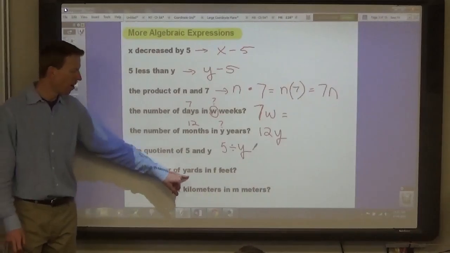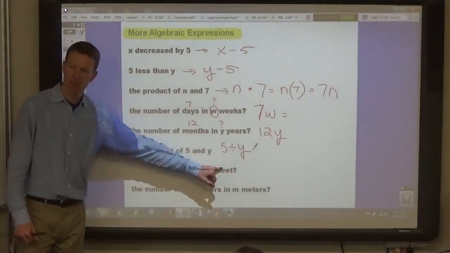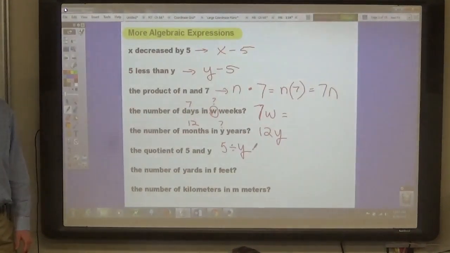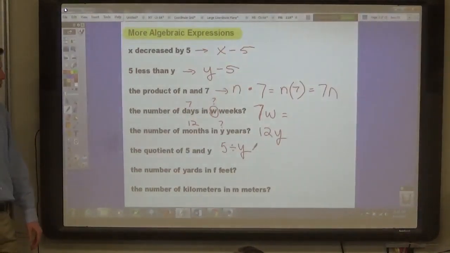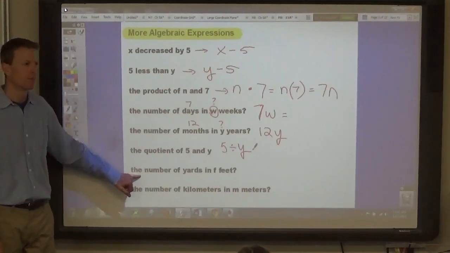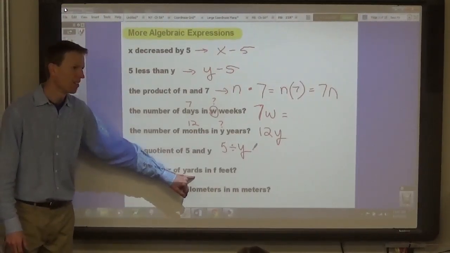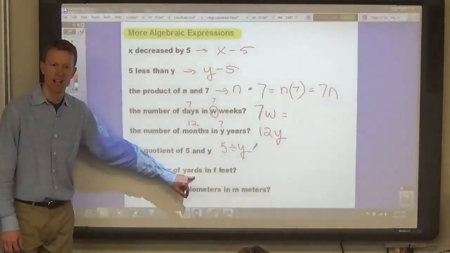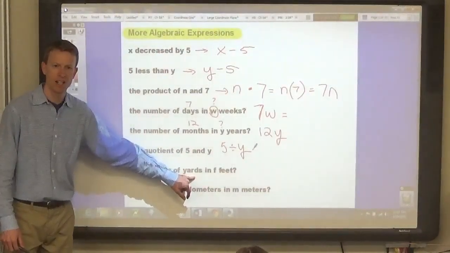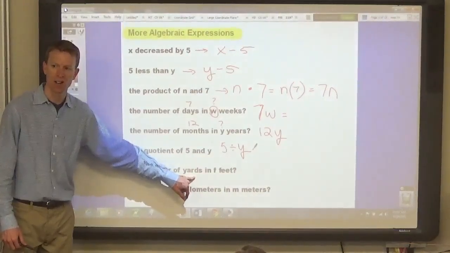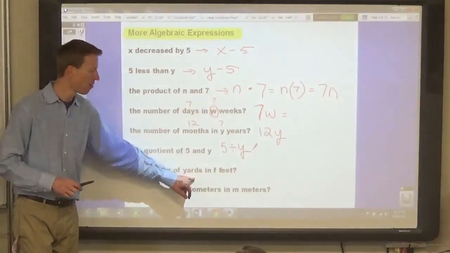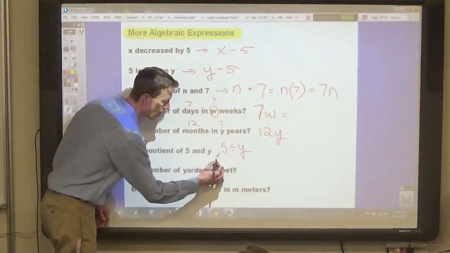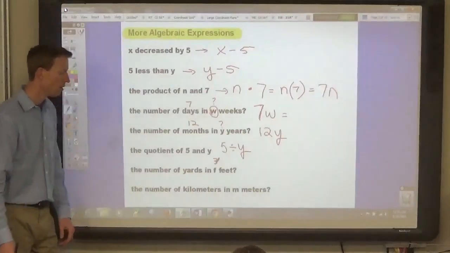The number of yards in F feet. So we're looking for the number of what? The number of yards. And how many feet are in 1 yard? Cool? 3. So 3 feet in 1 yard.